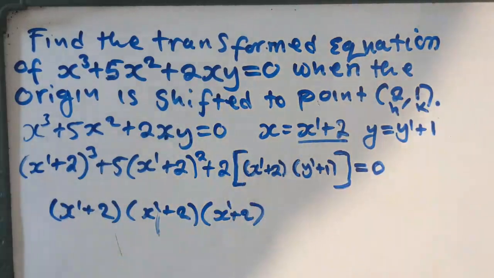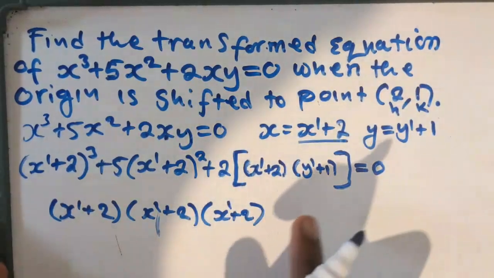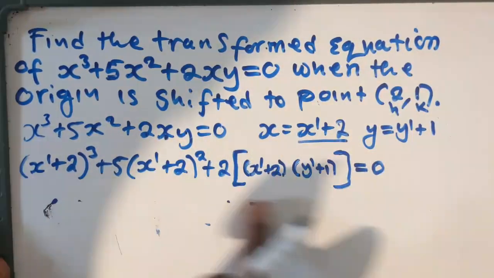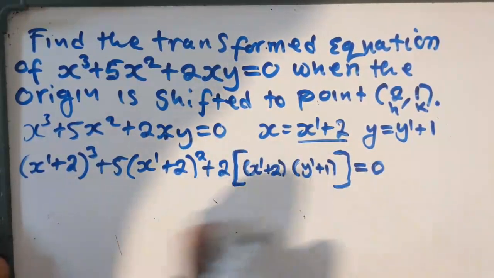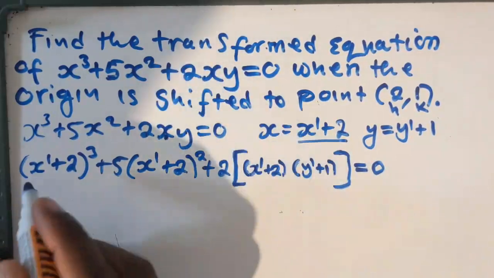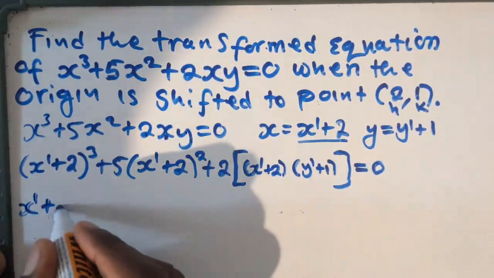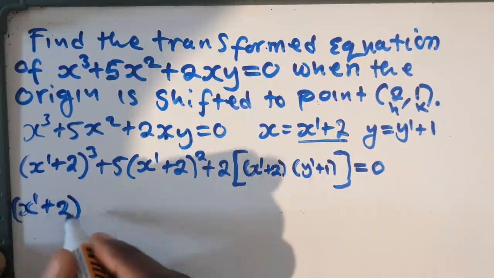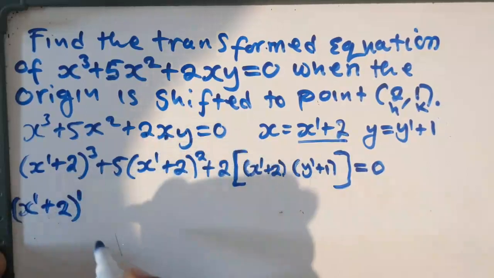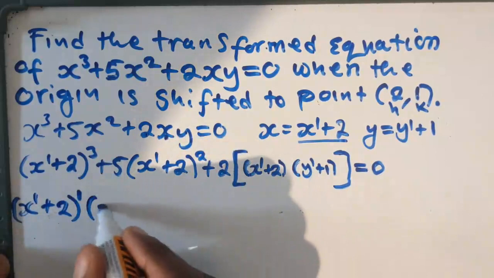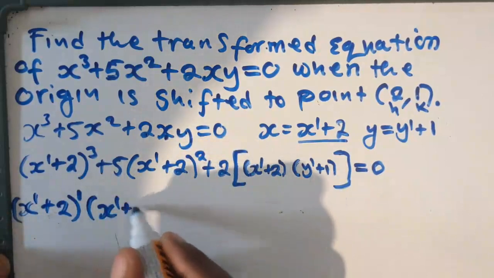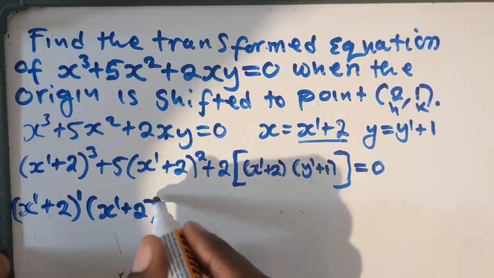But the shortest way you can do this is to just say it is x prime plus 2 to the power 1, multiplied by x prime plus 2 to the power 2.